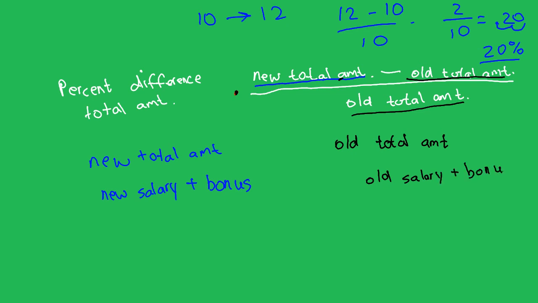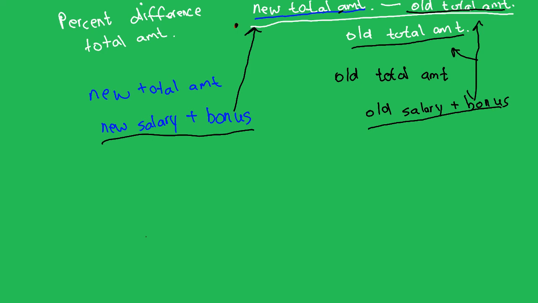Bonus stays the same. So now what we have to do is take these expressions that we found and substitute them in for new total amount and old total amount there and there. So I'm going to rewrite this substituting in those new expressions. So we have, in parentheses as well, new salary plus bonus. This is just replacing his new total amount.